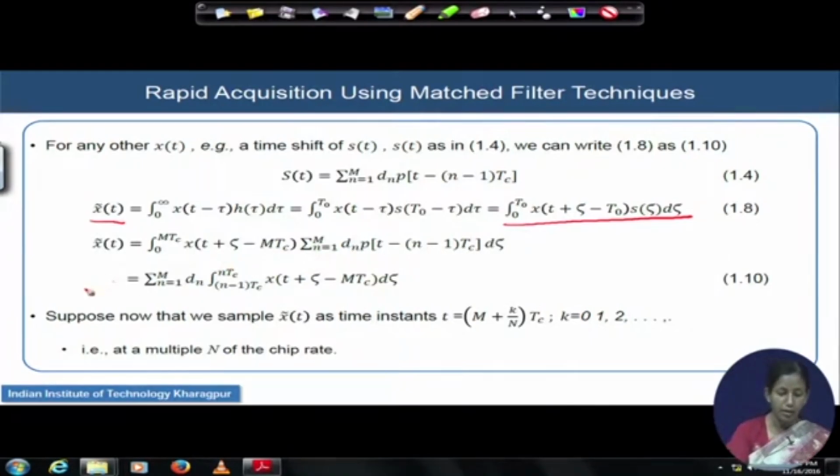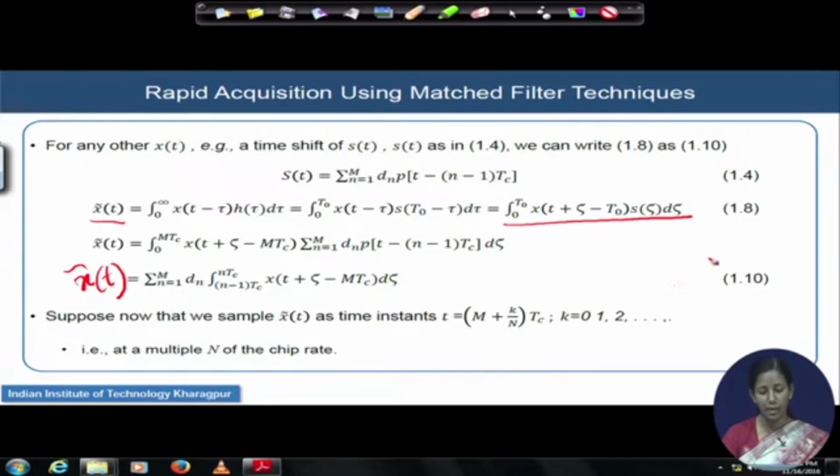Now this is the output of the matched filter in our case of interest. If I sample the output of this matched filter at an instant which is capital M plus small k by N, where 1 by N is the chip rate, so I am sampling at a multiple of the chip rate, times Tc, because Tc is the duration after which samples are expected to come. The value k can be 0, 1, 2, 3, 4 and so on.